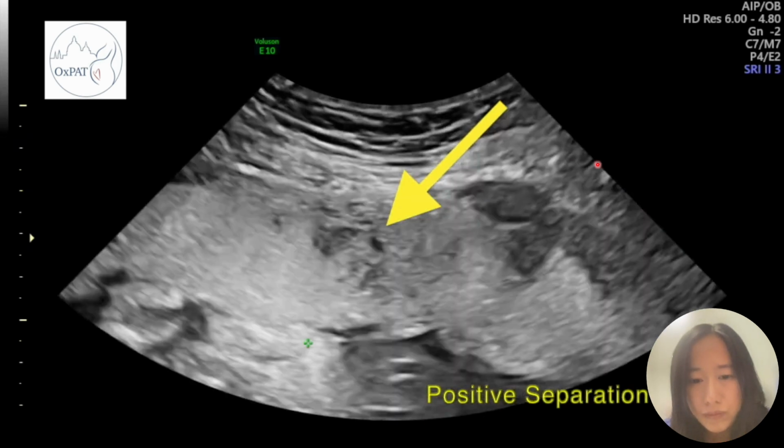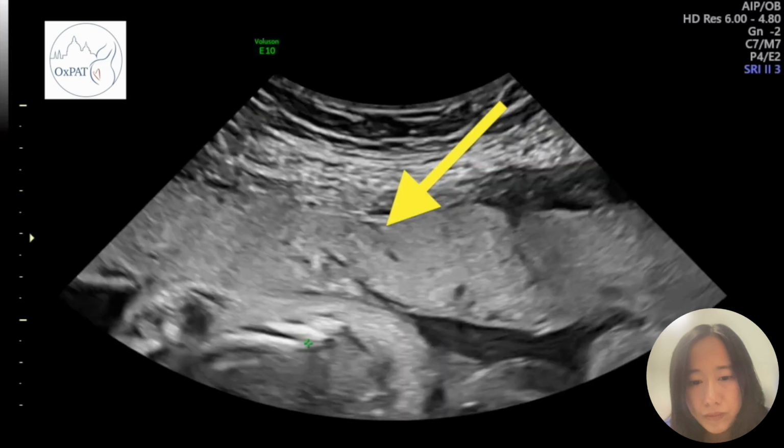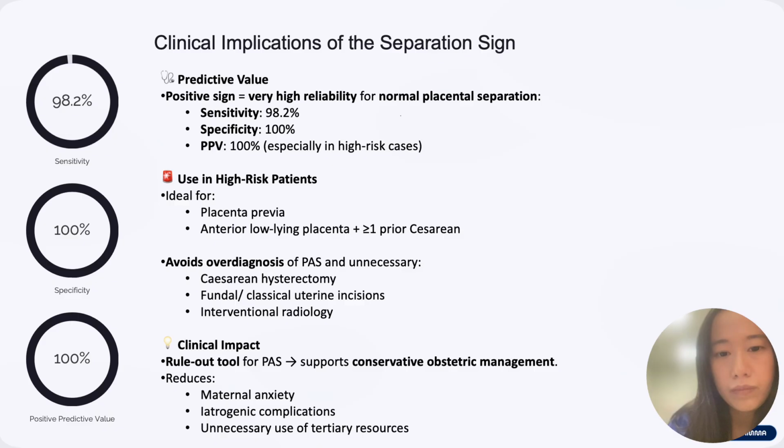This is an example of the positive separation sign. Before this, let's go through the negative sign.